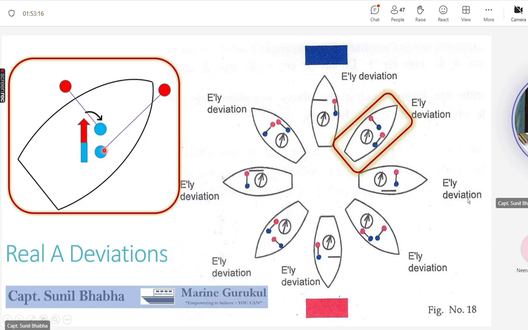Both the longitudinal and the athwart ship beam are partially aligned, making these poles partially powerful. So when both these poles add up, they generate the same easterly deviation which was generated on 000 heading and 090 heading. So you can see, irrespective of the heading on which the ship is, the deviation generated remains the same.